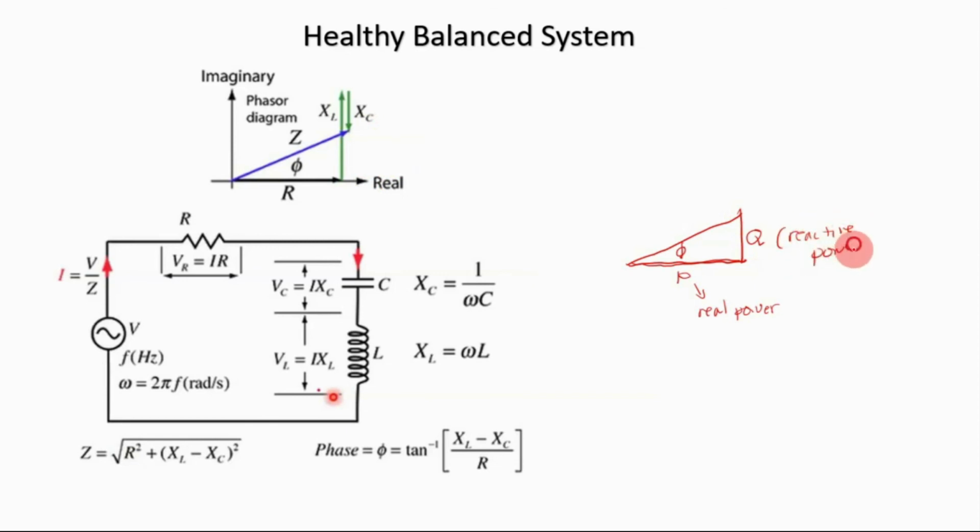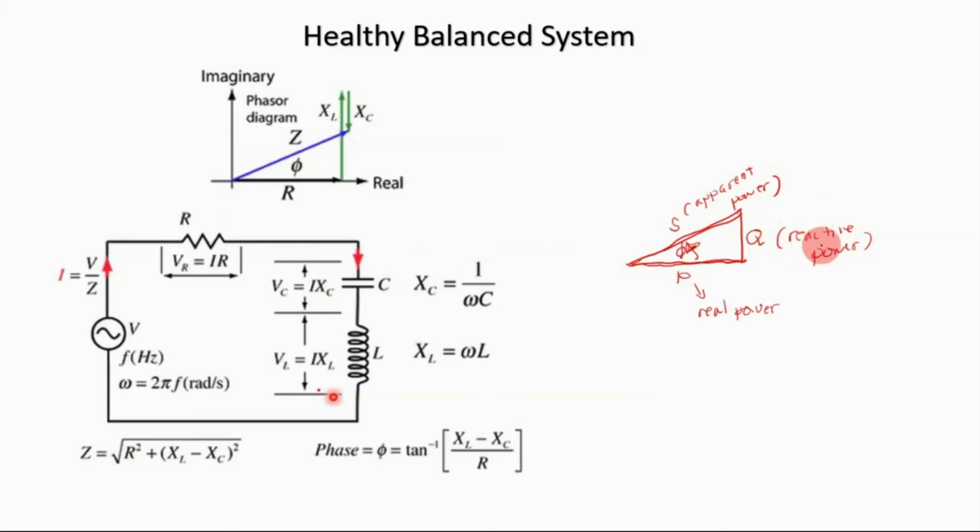For the combination of the power of the resistance and the reactive power, we represent it by S. We call this the apparent power, which corresponds to your impedance. So you can easily get phi by using your load.